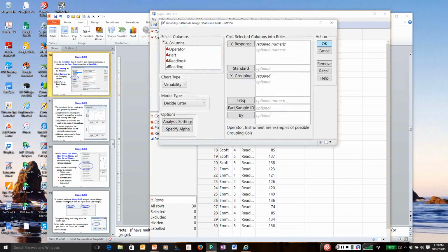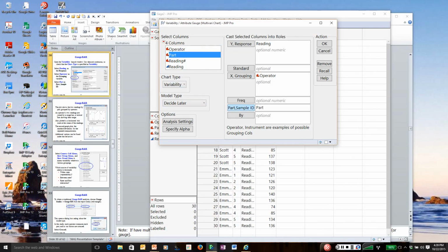Okay. So, first of all, the response is reading. Where it says grouping, what are the groupings? Well, the operators are the groupings of the measurements. Notice there's a window where you can put part ID, so that's where we will put part.